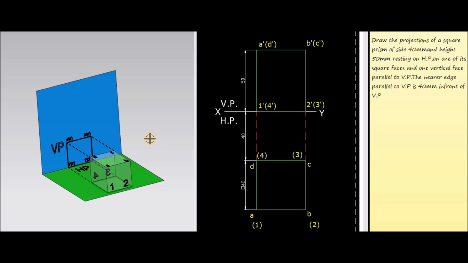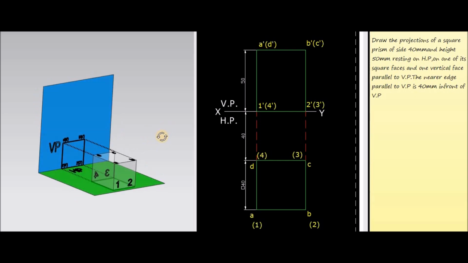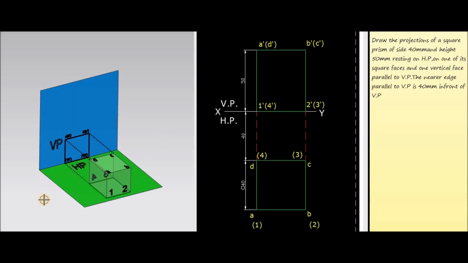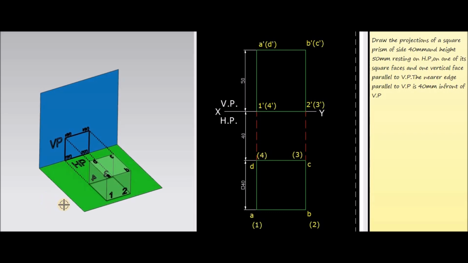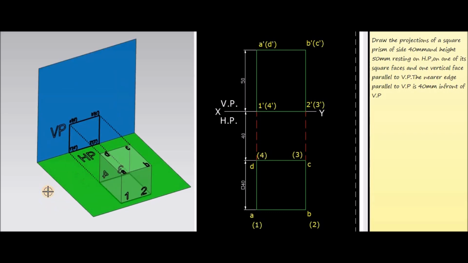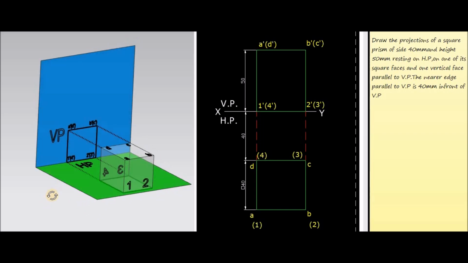First of all, consider the three-dimensional geometry of this question. Here, the vertical plane is represented by a blue plane and written as VP. Then the horizontal plane is represented by a green plane and it is written as HP.